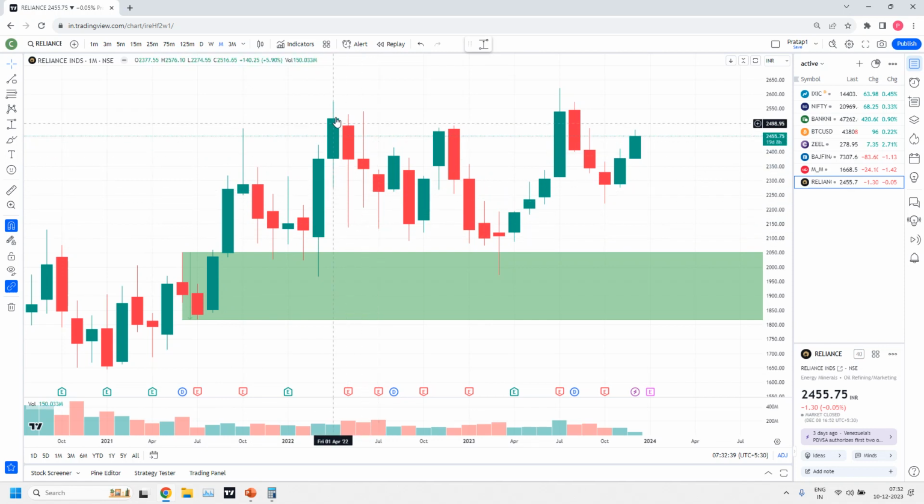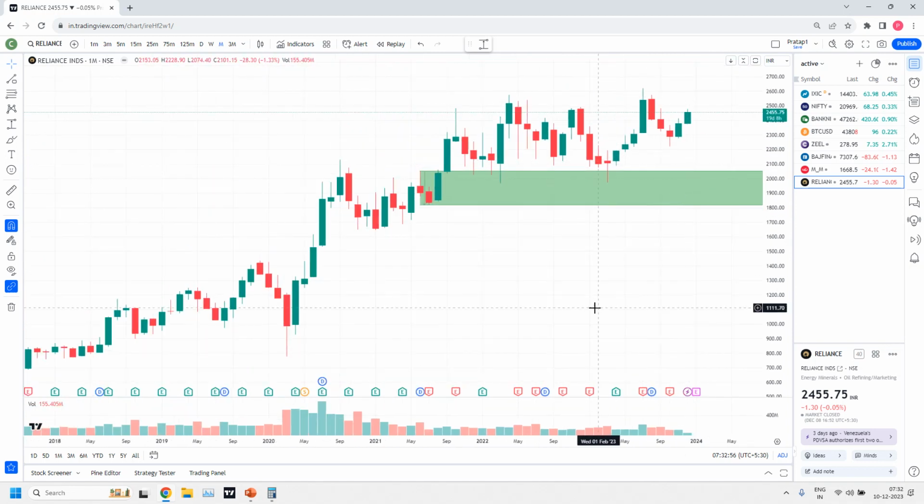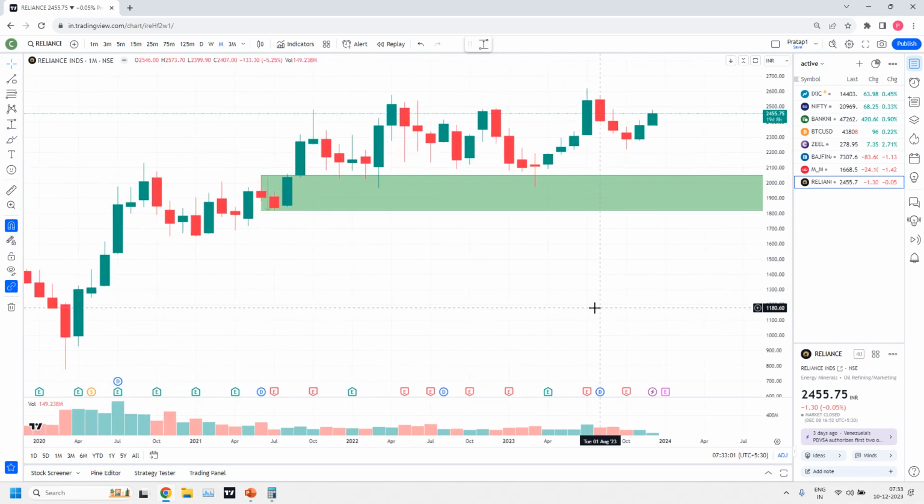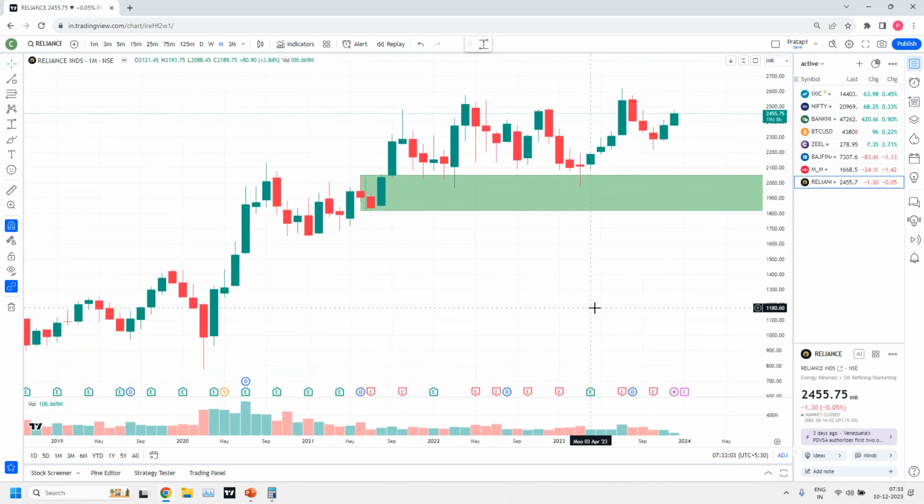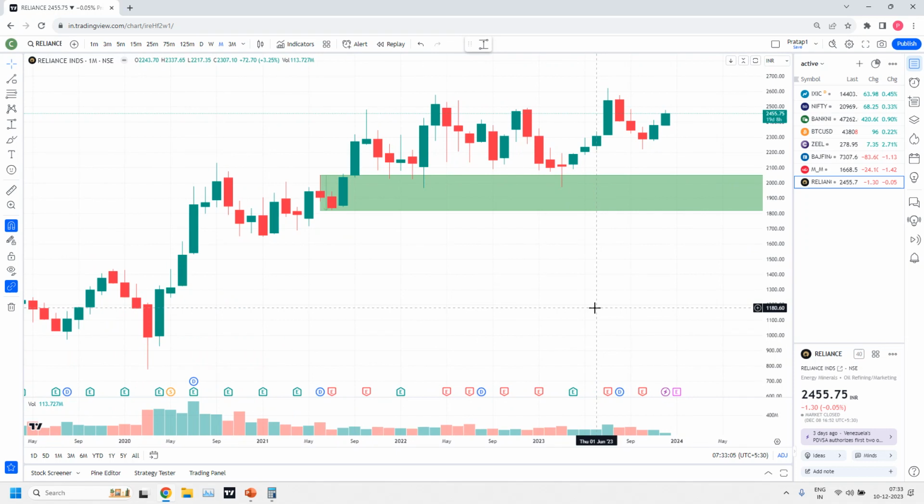All these candles are also ERC candles, expanded range candles. No supply zones. So we didn't find any supply zone for this stock. Reliance has only a demand zone.